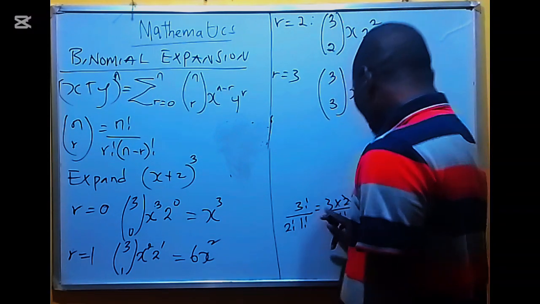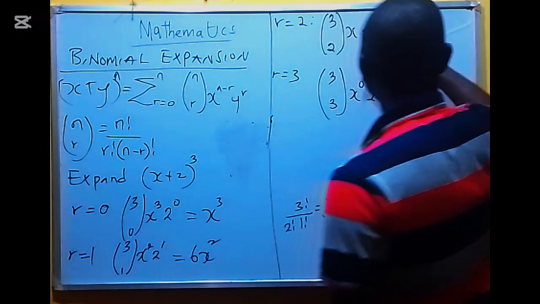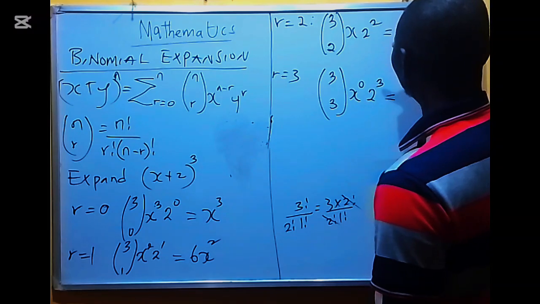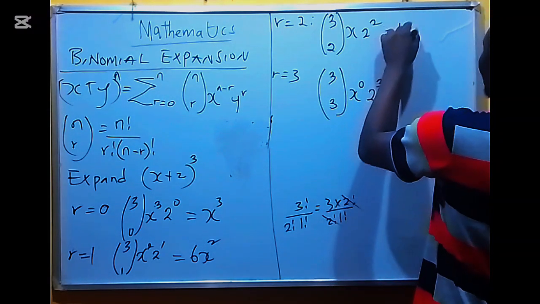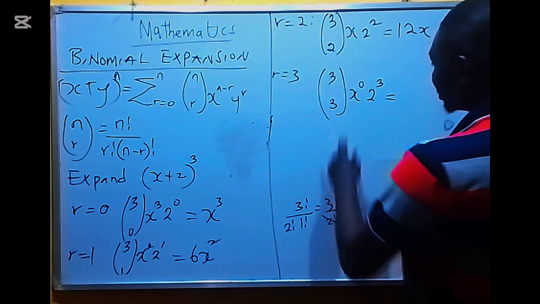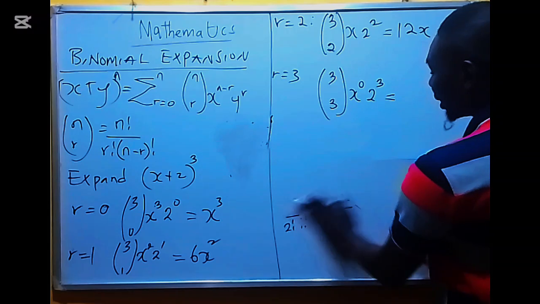So 3 over 1 factorial is the same thing as 3. So 3 times 2 raised to 2 is 12. So 12 times x will give me 12x.